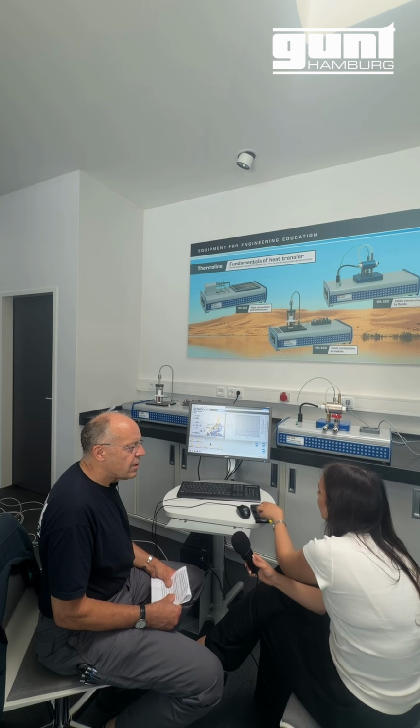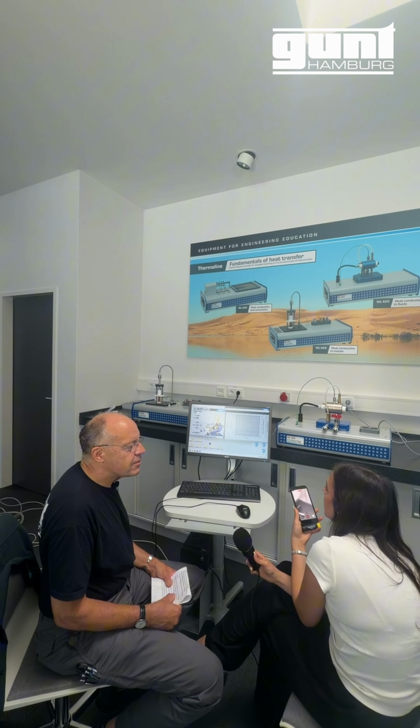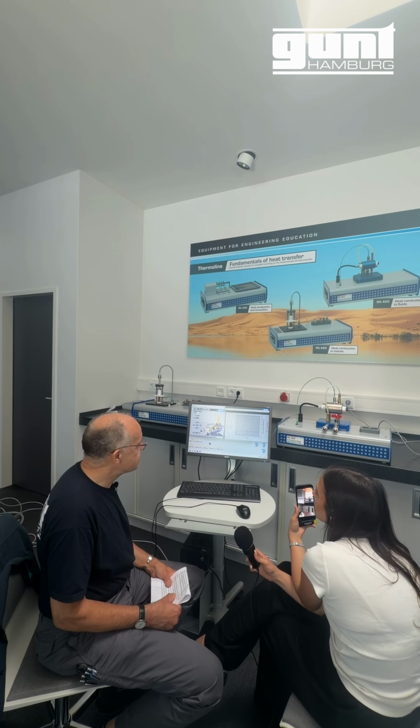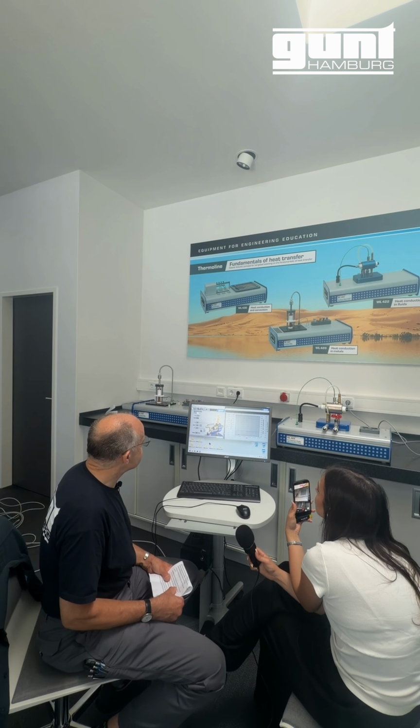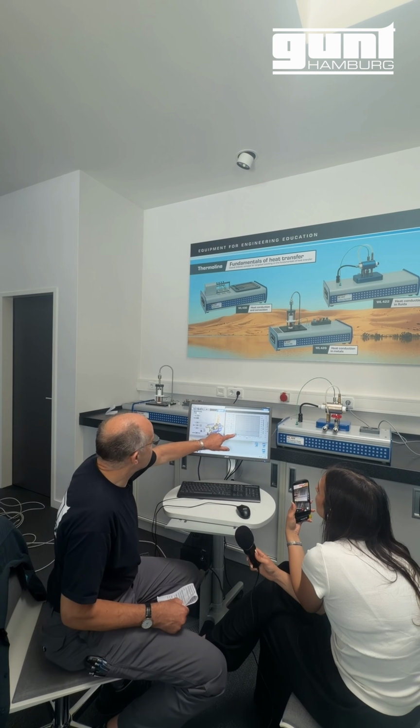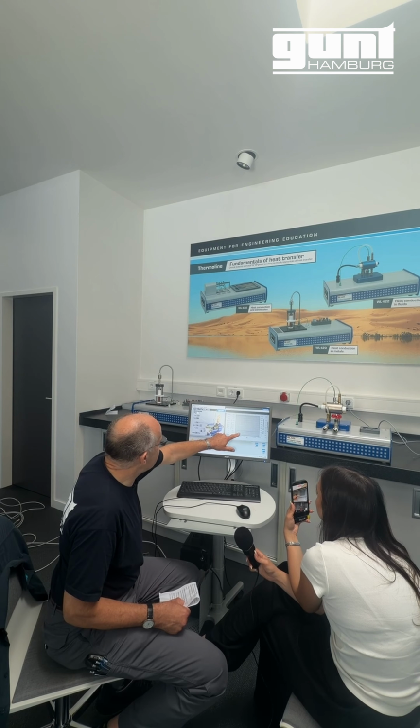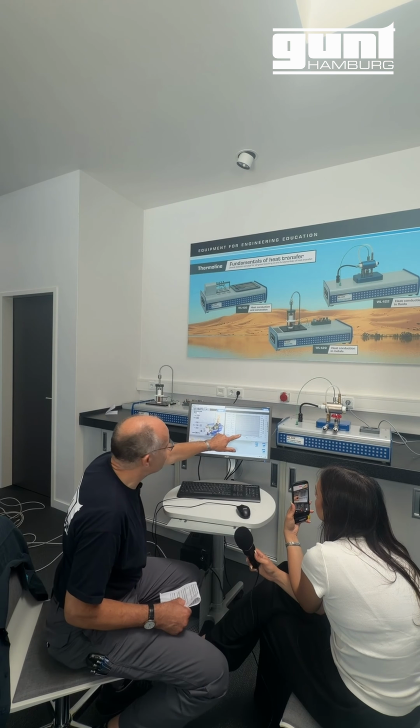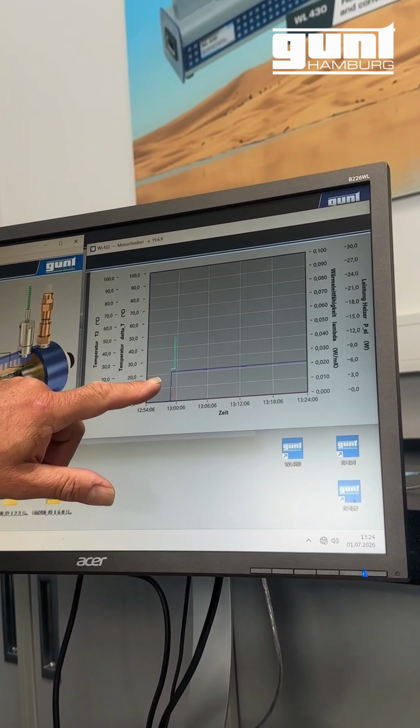And if I have a question. This light blue line, this turquoise, baby blue one on top, that is our heat transfer rate. Do you see the temperature rising?